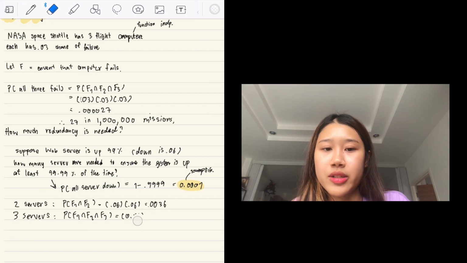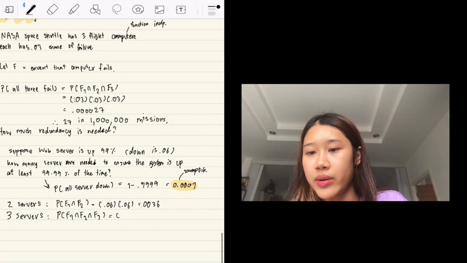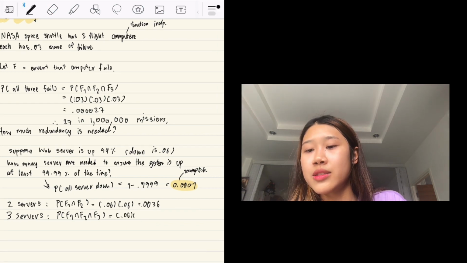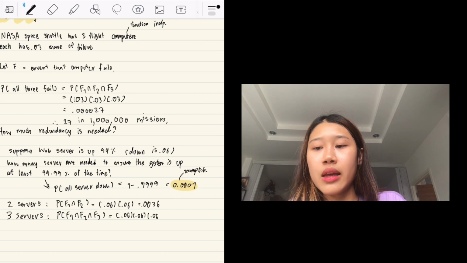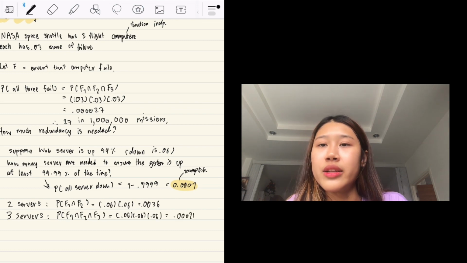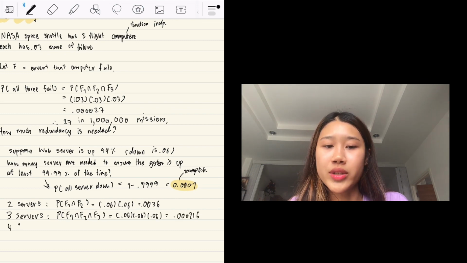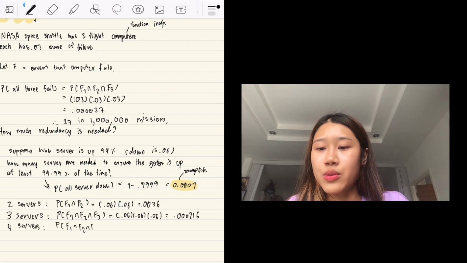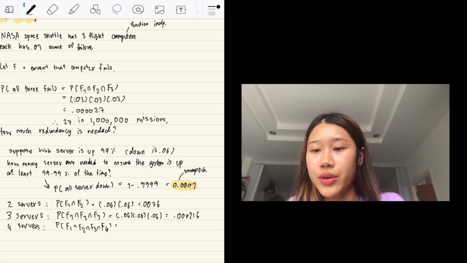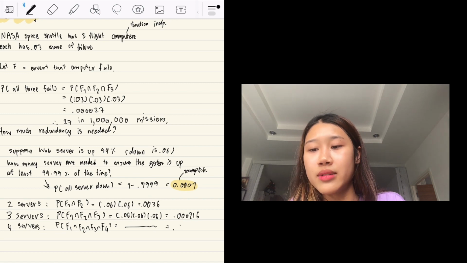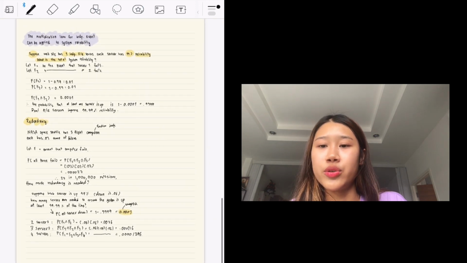So let's calculate 3 servers, and you will get 0.000216. And that is not enough. We need 4 servers. And the result that we get is 0.00001296, and that is very close to the target.